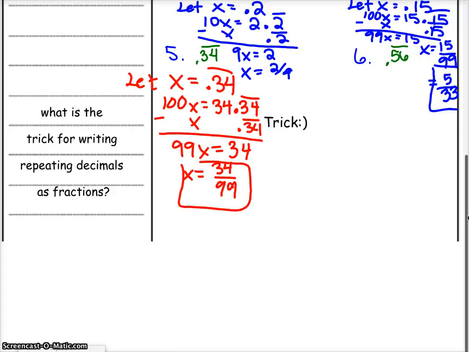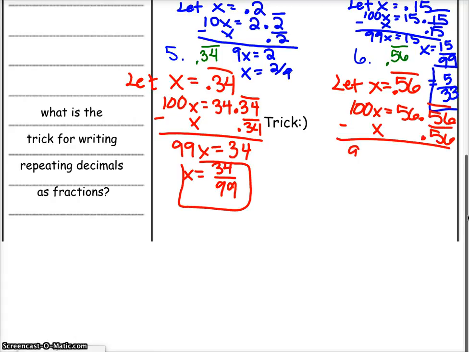And last one, let x equal the pattern. Times through by 100, because that gets the pattern to the left of the decimal. Take the pattern away so you no longer have that repeating decimal. 99x equals 56.